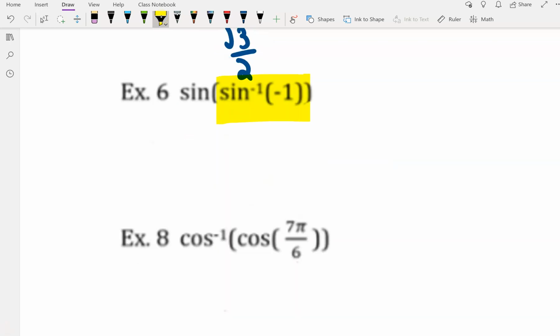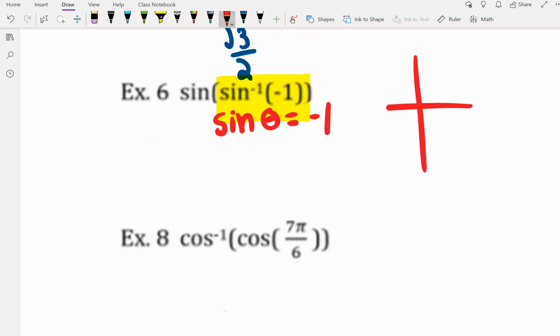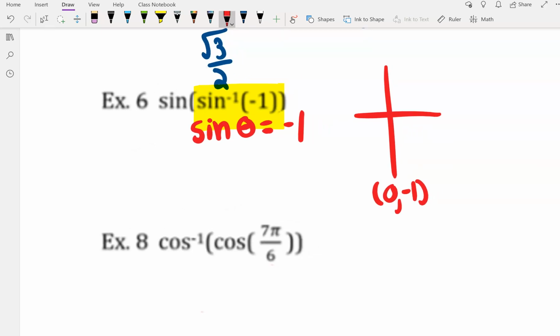Next one, again, start on the inside and rewrite this as sine of some angle theta, we don't know that yet, equals negative 1. All right, and if you don't remember, you can always kind of visualize your unit circle. Sine, remember, is your y values. Your y is going to be negative 1 down here. But we have to be careful here. Remember that sine has to be between negative pi over 2 and positive pi over 2.